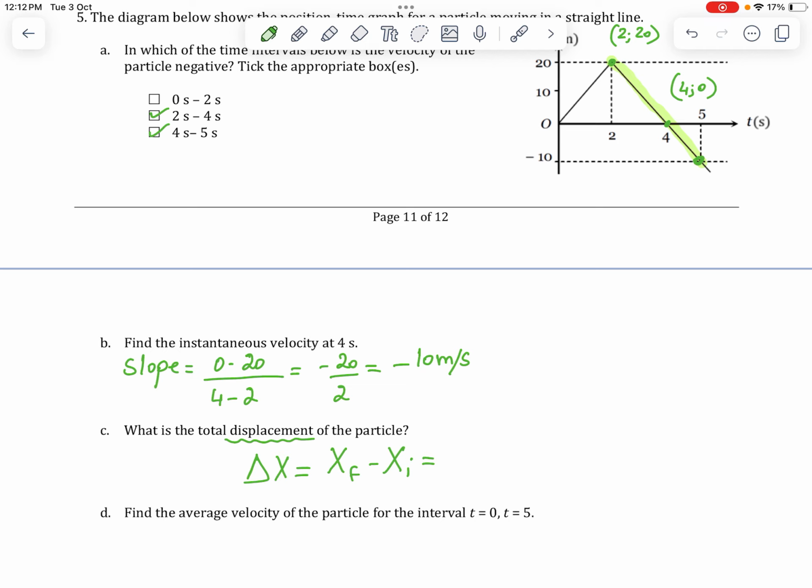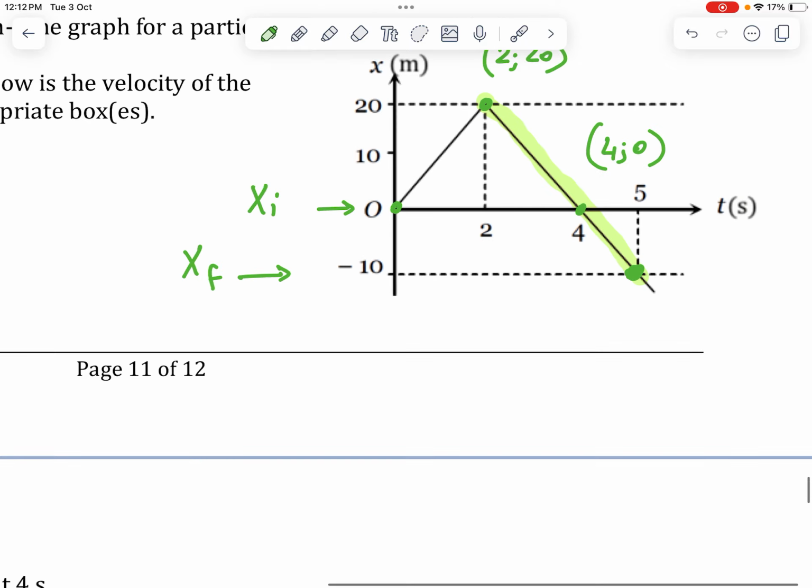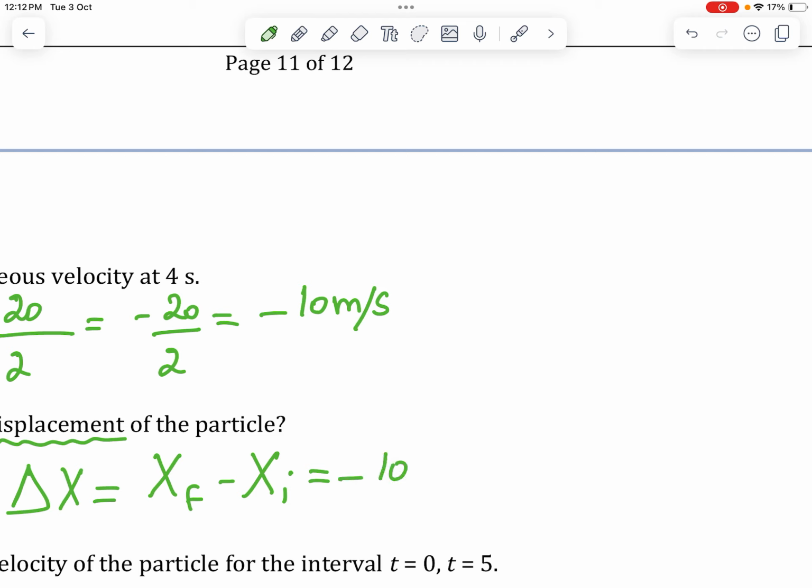The final position here is -10, and it started at 0. So x final minus x initial, -10 minus 0, will give me -10 meters.